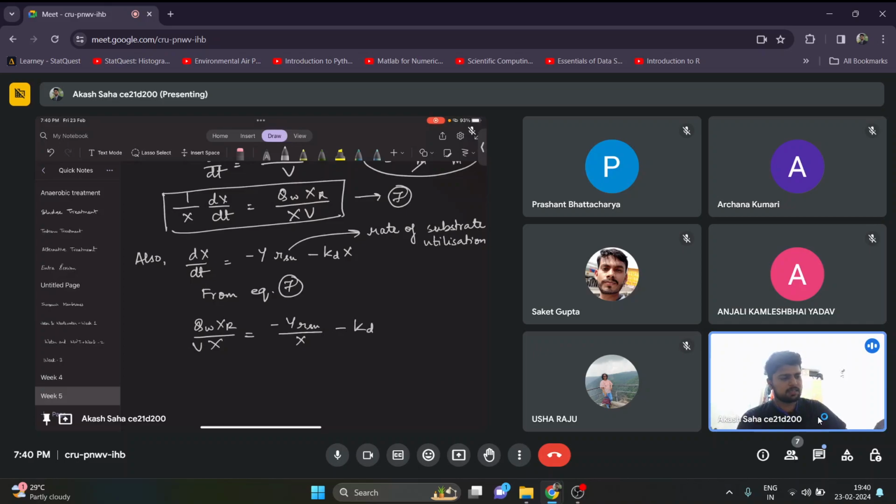So I can write it in this form. Okay, so I have just, from equation 7 and dividing by x throughout, we will get this simpler equation. Is this okay?